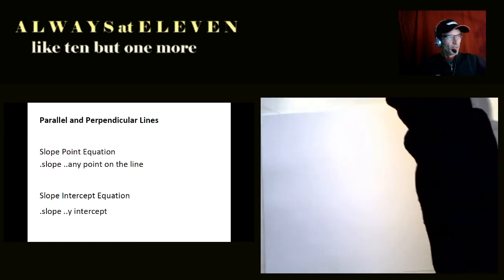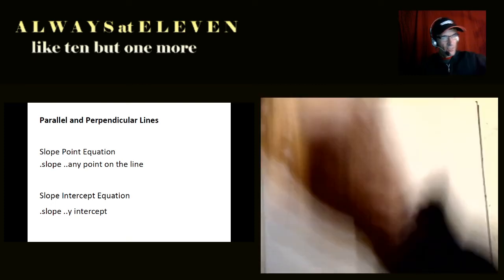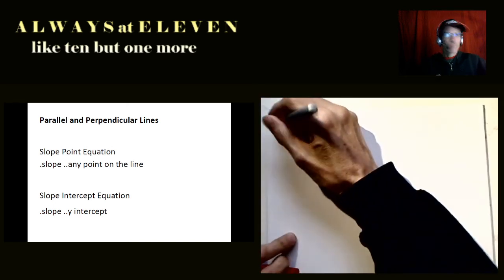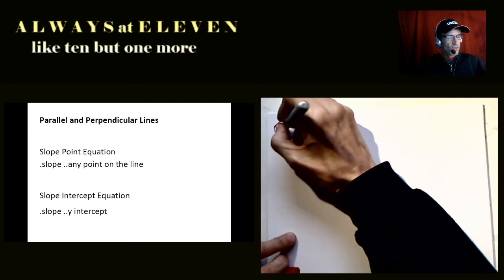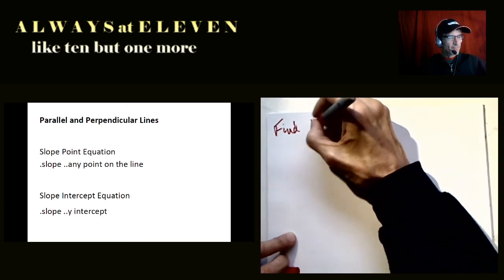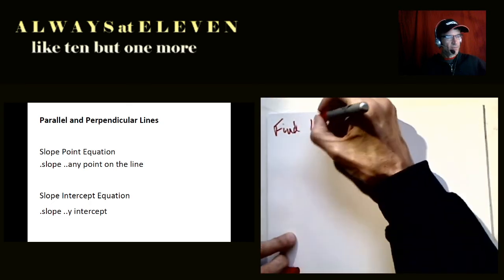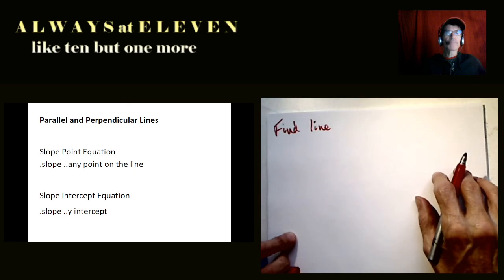Another example for you. Let's say we have this requirement to solve. This will be perpendicular. Find the equation of the line. I didn't write equation of a line, but just because of real estate, make that understood, okay?